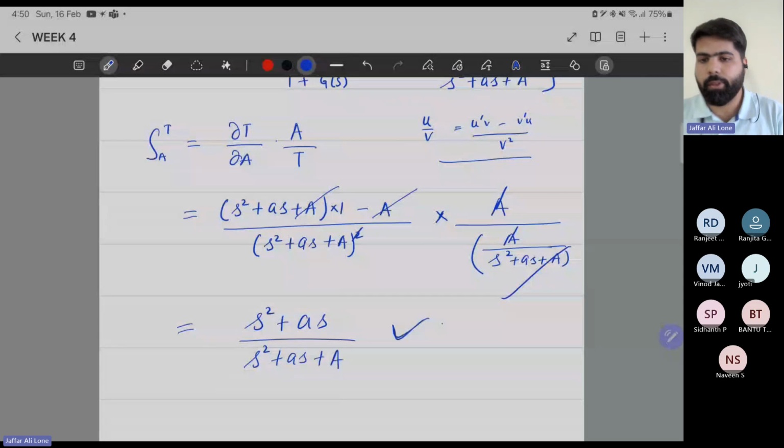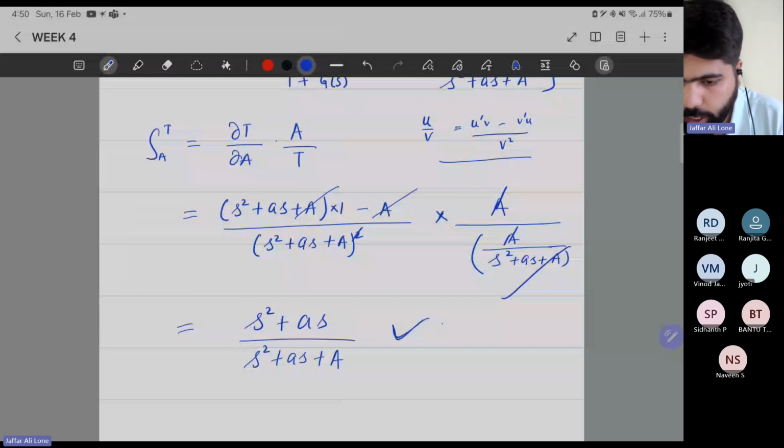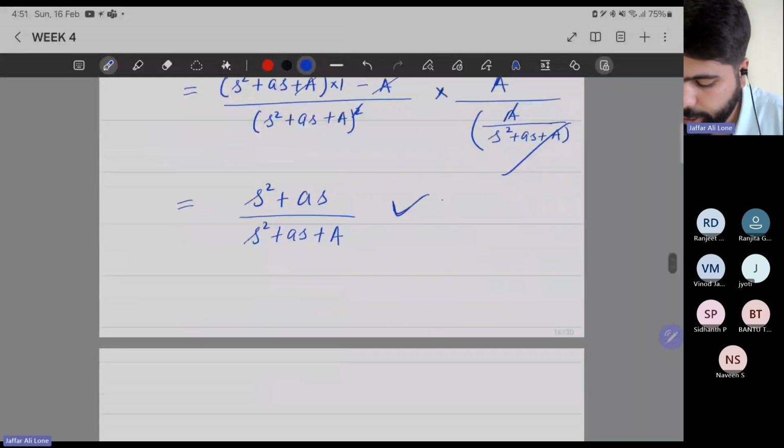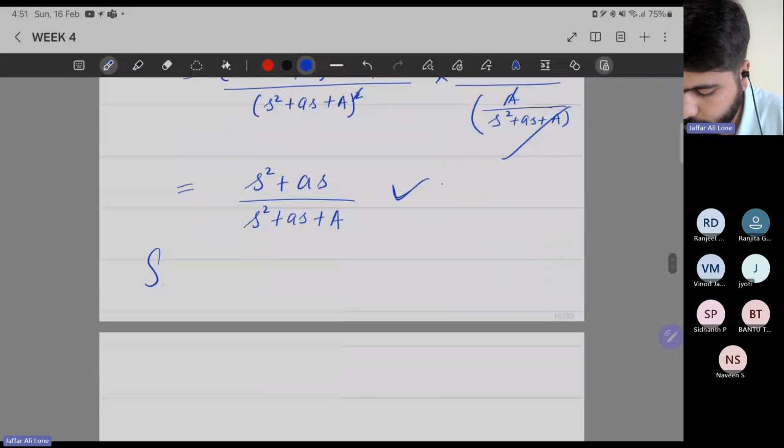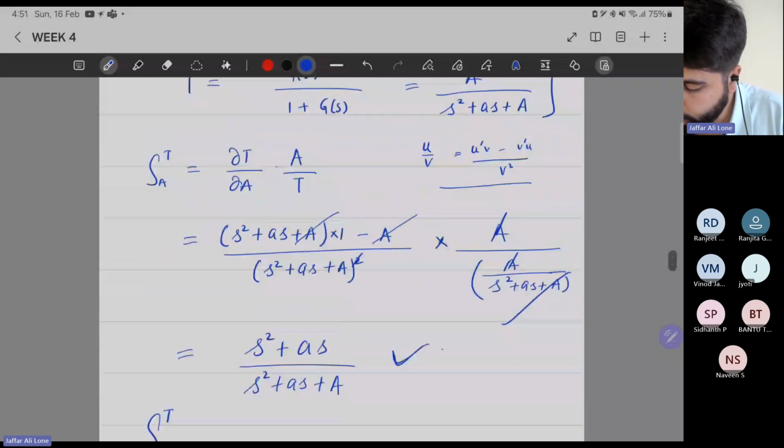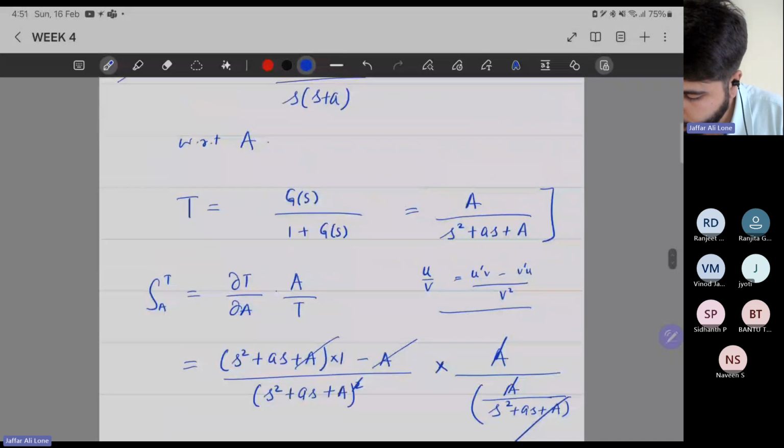This is the value of sensitivity with respect to parameter A, and it's your homework to find the sensitivity of transfer function T with respect to parameter small a, because in this closed loop transfer function there is a parameter as well, the small a.